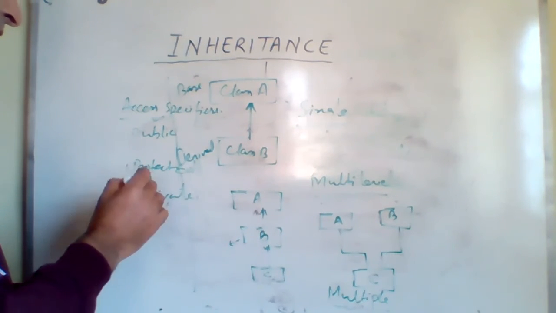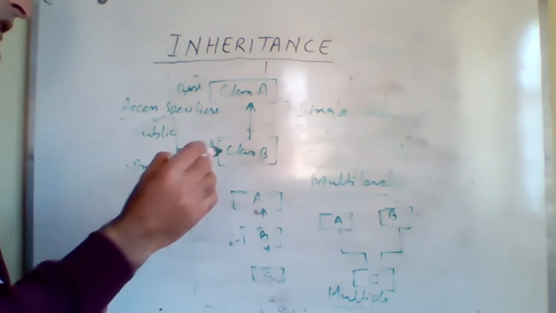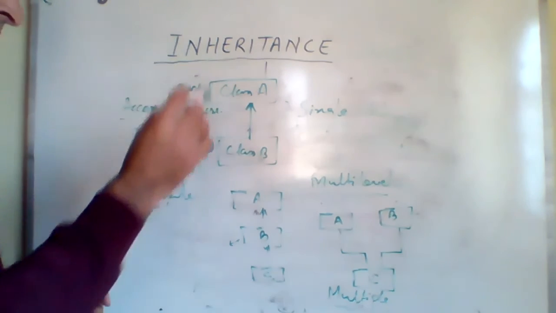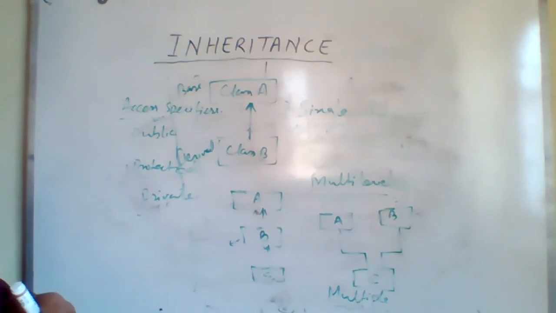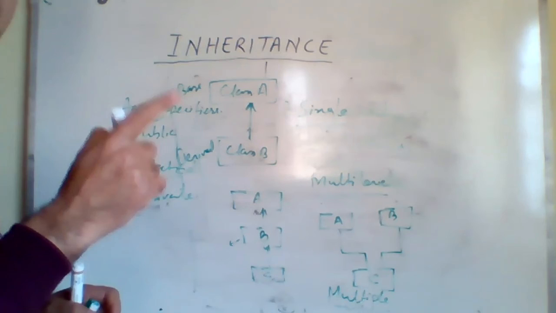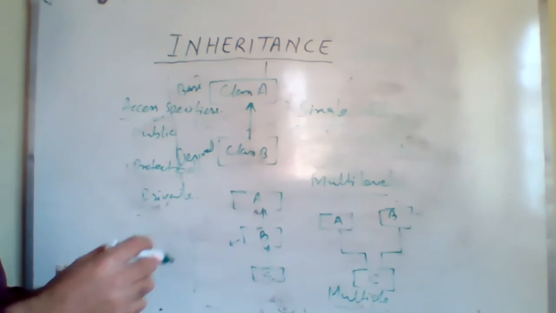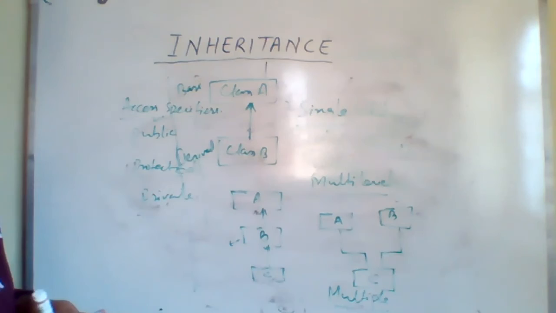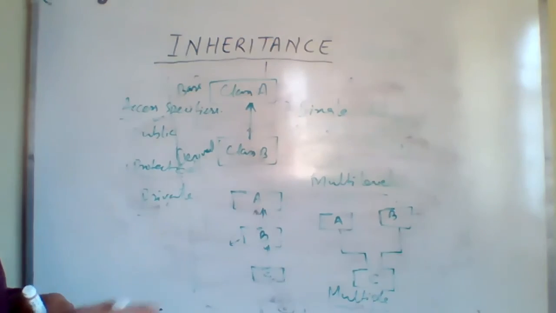Next is protected mode. What happens in protected mode? If the visibility mode while inheriting is protected, the public members of class A become protected members of class B, and protected members of class A become protected members of class B.